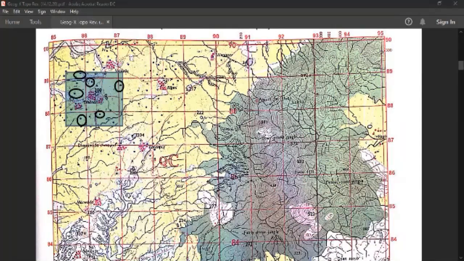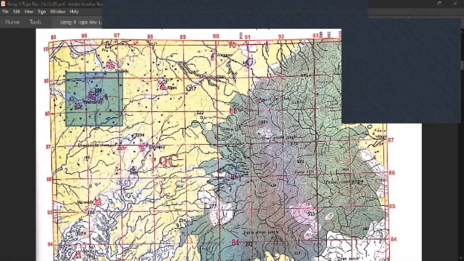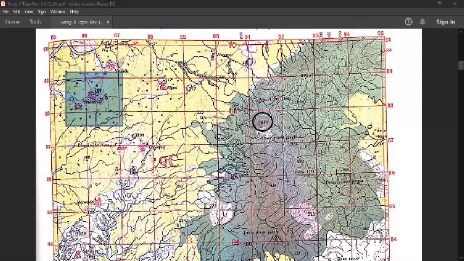The second part of the question is which is the highest spot height mentioned in the map. So as you can see, the highest spot height mentioned here is 591.